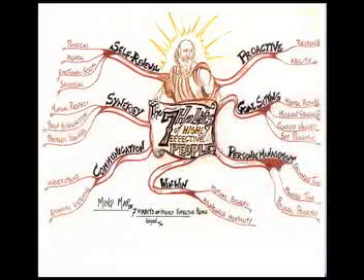Now, if you notice, he's got a central image, and he's put the topic right in that image. It does look very artistic. He's got some very strong, heavy branches going off the central image, and he's got each of those 7 habits represented by 7 different branches.